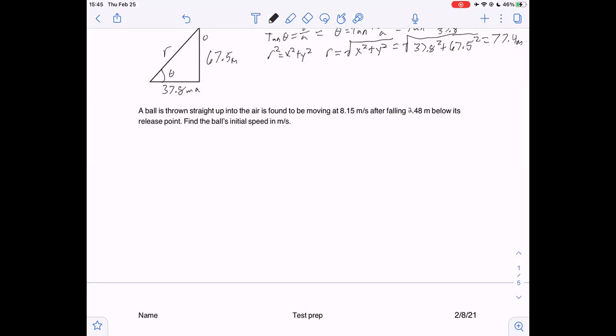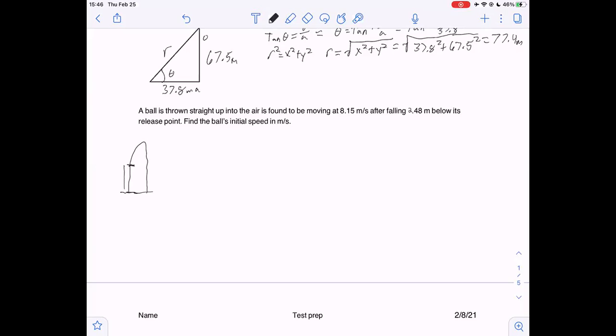So what's the first thing we need to do? First thing I like to do, I like to draw down. So we got somebody standing on a little something there, a cliff maybe, I don't know for sure. Ball goes straight up and comes straight back down. We know it falls for 2.48 meters, hits the ground.